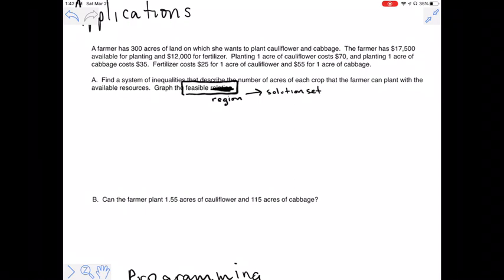Feasible region on an application problem is the solution set of a system of equations. Sorry, system of inequalities. So the first task is actually find a system of inequalities that describe the number of acres. And since we have a system of inequalities and we graph a system of inequalities, we're going to be finding a solution set, which is the feasible region.